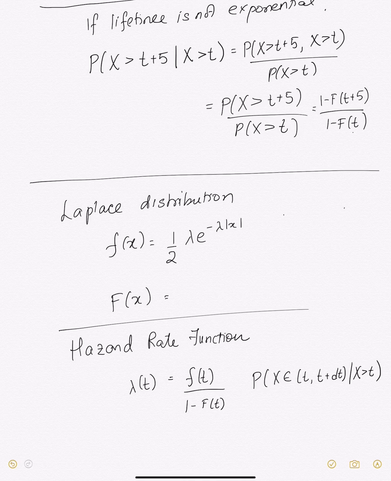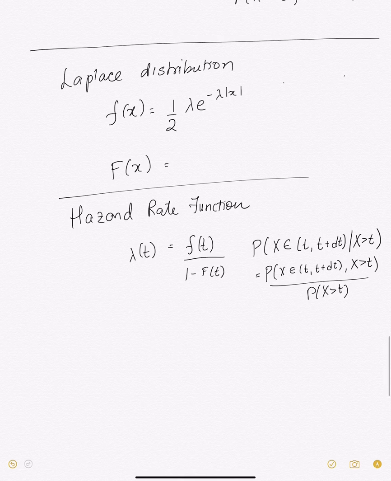And if you take a look at this and work it out, what do you have? Just doing the conditioning, once again you have the probability that x is in t to t plus delta t when you intersect it with x bigger than t.